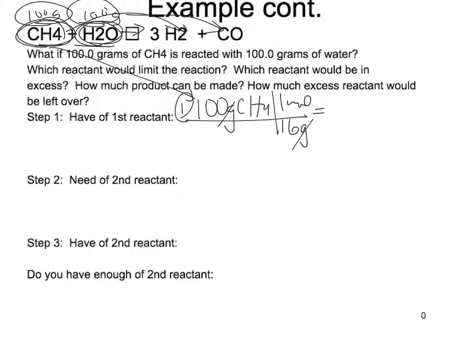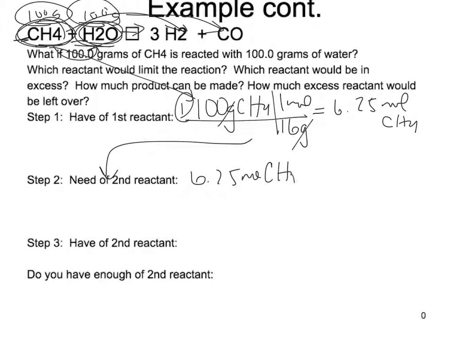I don't care what number is up here in the balanced equation, it's 1 mole. So we're going to have 6.25 moles of CH4. Secondly, I'm going to find out what I need of the second reactant, what I need of water. So I'm going to take that 6.25 moles of CH4, and I'm going to go to the balanced equation, and 1 mole of CH4, 1 mole of water.